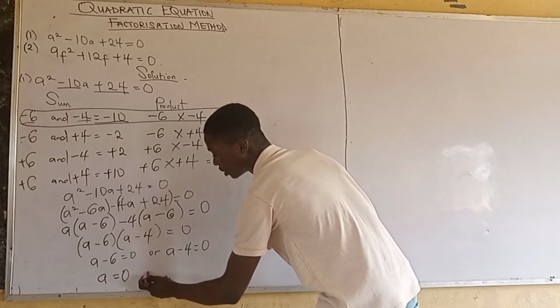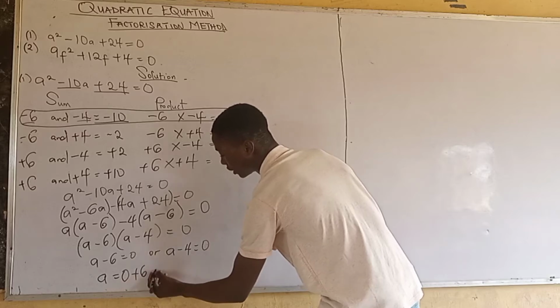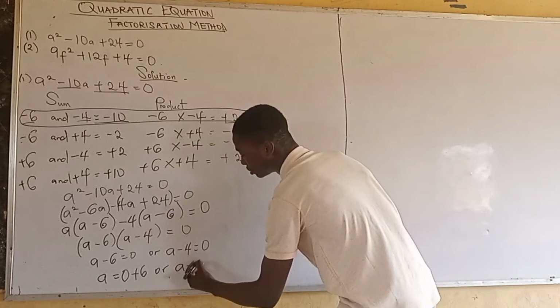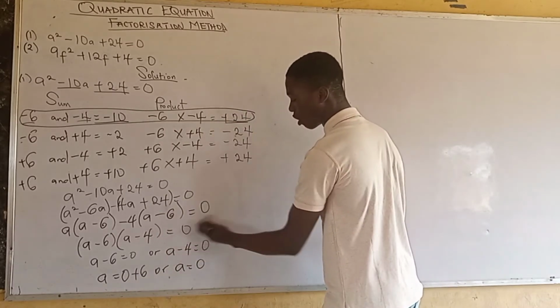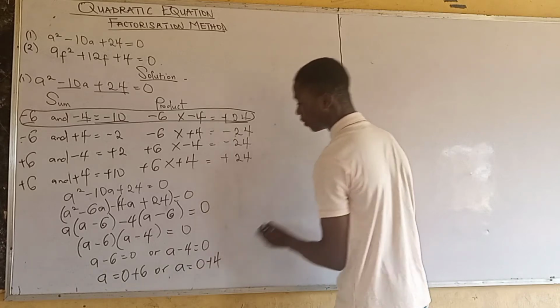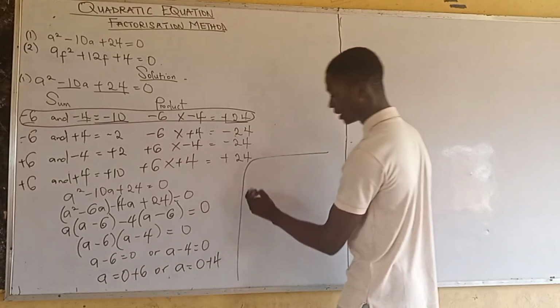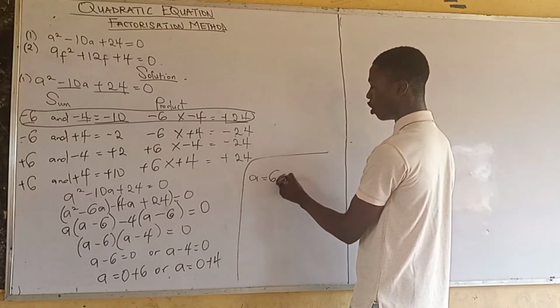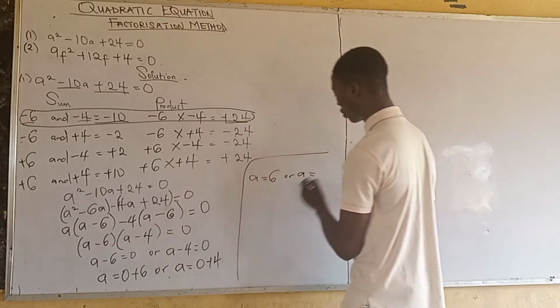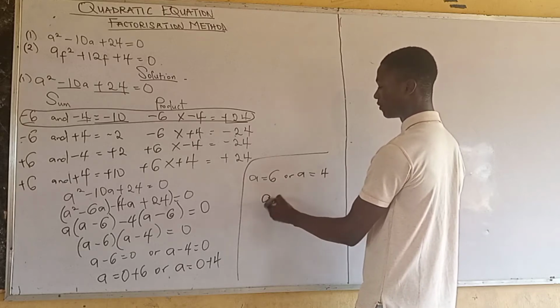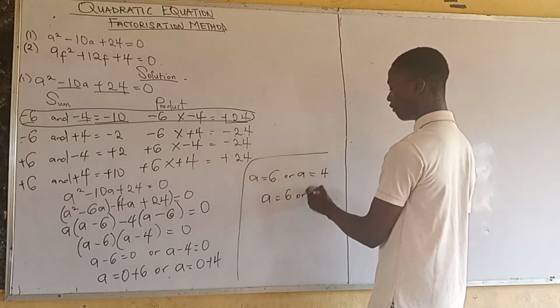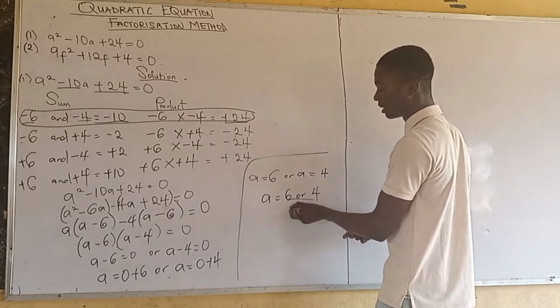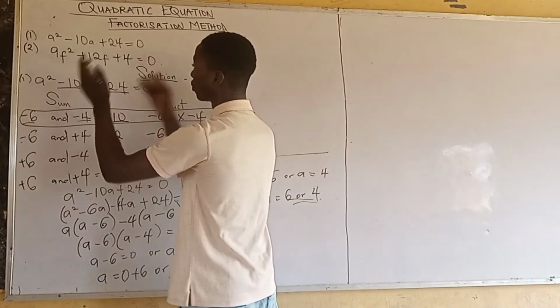When minus 6 goes to the other side, it gives plus 6, so a equals 6. When minus 4 goes to the other side, it gives plus 4, so a equals 4. It means a equals 6 or 4. So this is the final answer for this particular question.